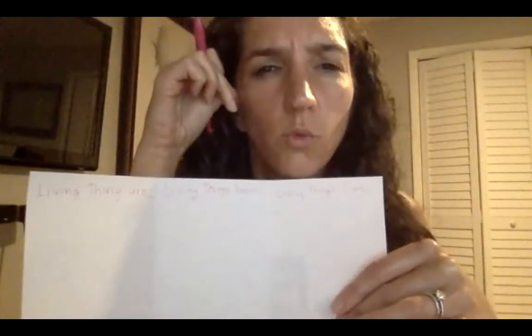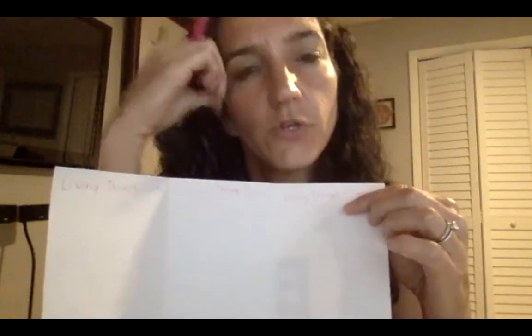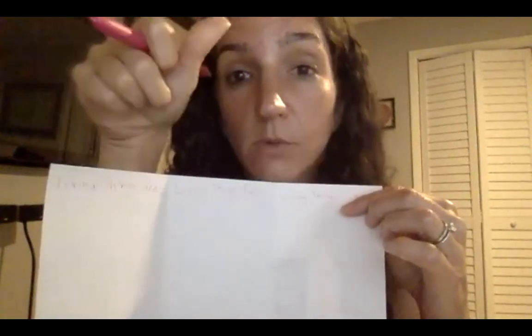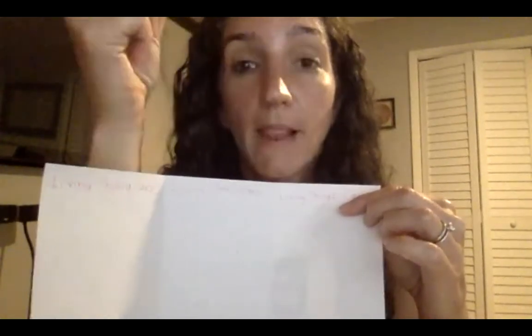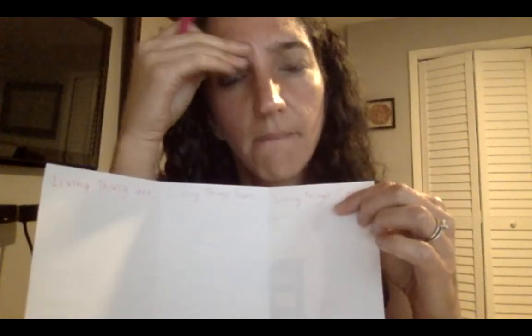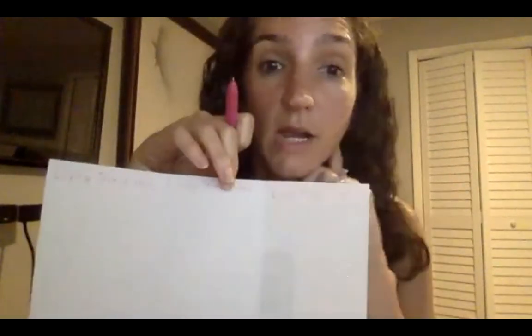Well, what do you think living things can do? Well, remember, there's different types of living things. There's animals, there's humans, there's plants, trees. So what is something they can do? If you know it, say it. Well, some living things can breathe, right?